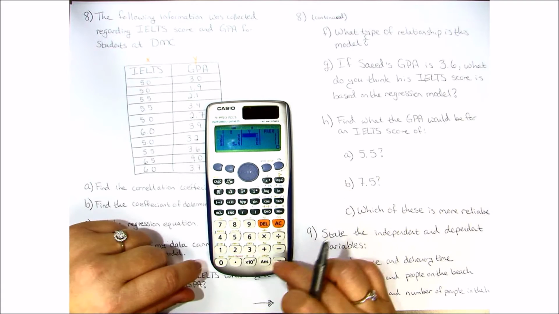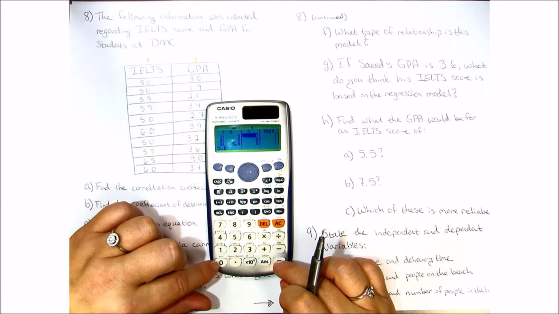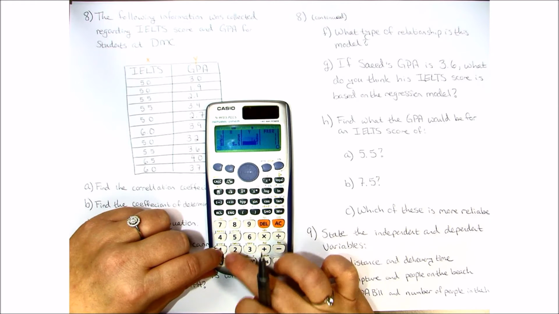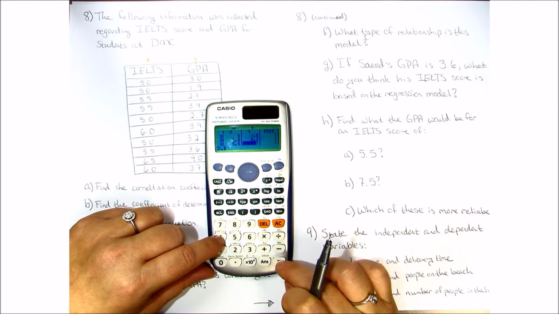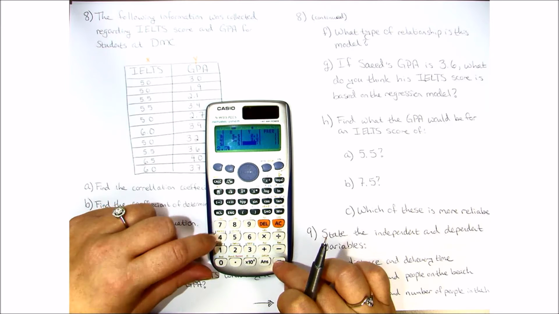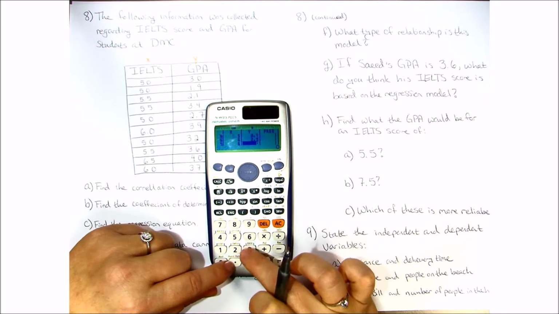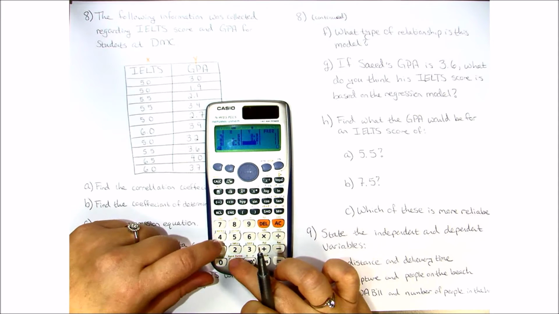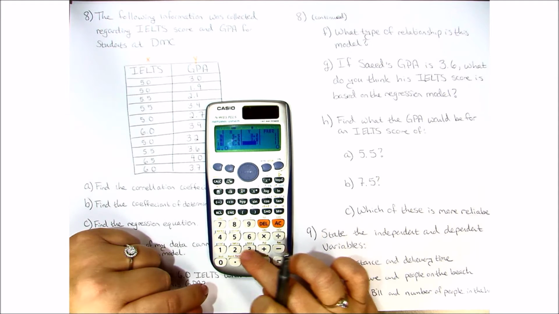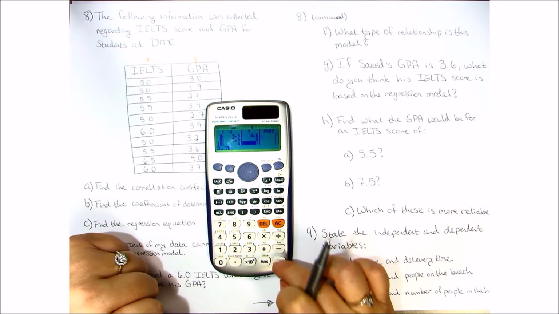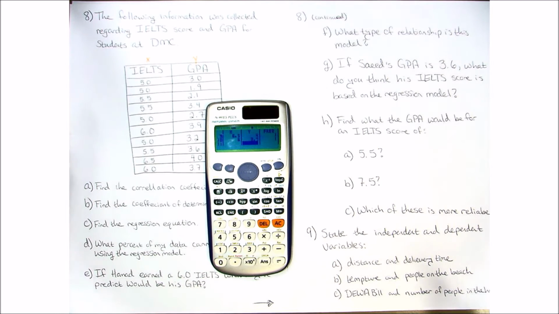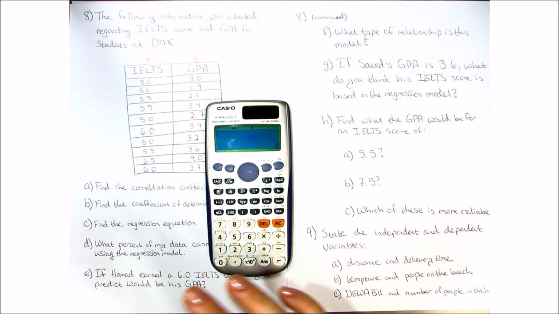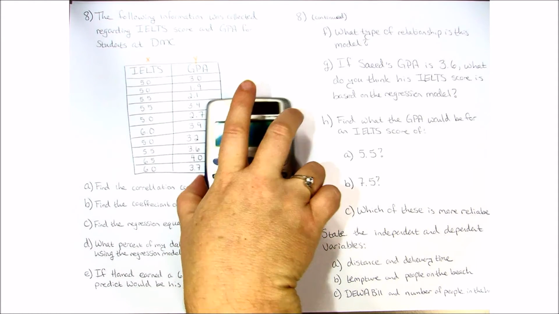Now we'll move over to y: 3.0, which is 3, 1.9, 2.1, 3.4, 2.7, 3.9, 3.2, 3.6, and 4.0, which is 4, followed by 3.7, which is our last number. So we have 10 numbers in our list. We're going to go back to the home screen so that we can actually do some calculations.